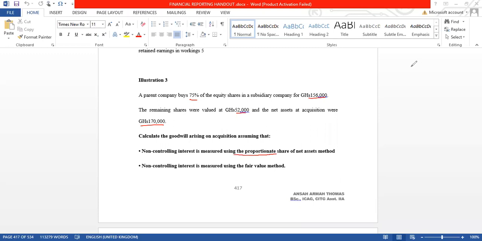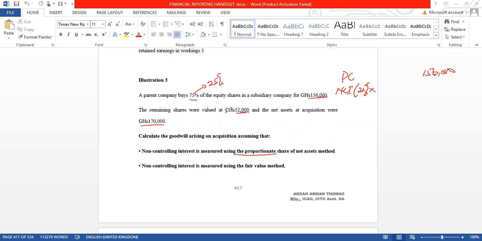So remember we need our purchase consideration, which is 156,000. And we didn't buy everything, so we have NCI, and they're telling us to use proportionate. You bought 75%, which means you didn't buy 25%, and therefore that one would be 25% multiplied by the fair value of assets at acquisition.